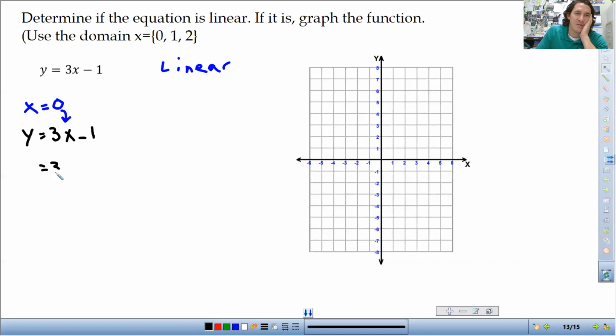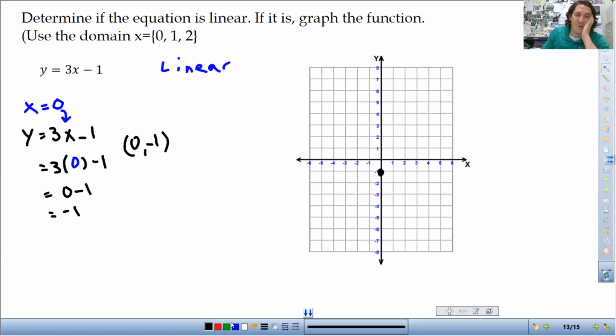So it's going to be 3 times x, and again, x is 0. So 3 times 0 is 0, minus 1 is negative 1. So from there, I get the point 0, negative 1. I'm going to plot the point 0, negative 1.